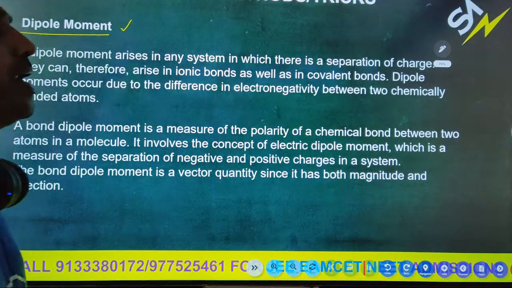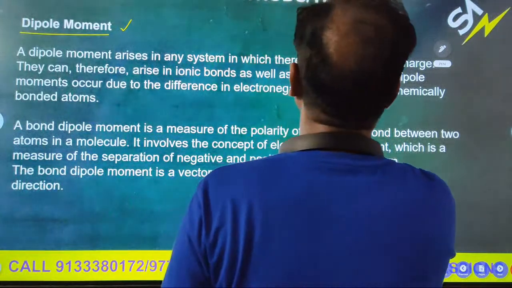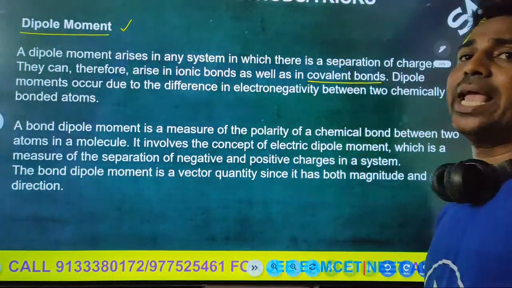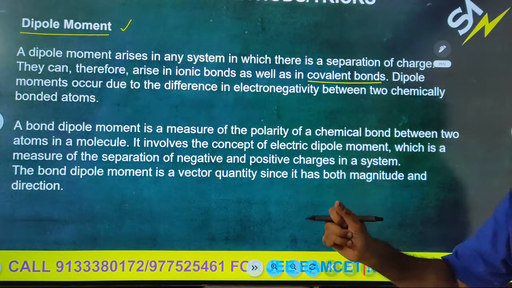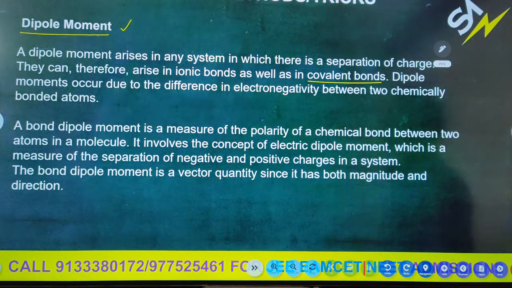Covalent bonds, we know, are of 2 types. Same elements contain covalent bonds, and different elements also contain covalent bonds. In different elements, if there is an electronegativity difference, then due to the electronegativity difference, charge will form.